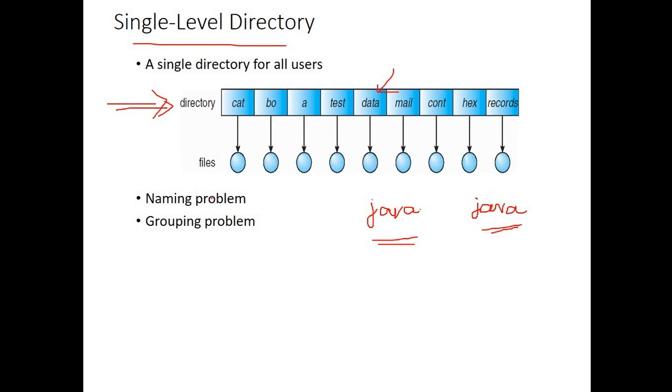Therefore, this naming problem will occur in the single level directory. If I am creating Java 1 and the other user is creating Java 2, then it is not a problem. But if you want to give the same name, then it will become a problem. So if naming conventions are creating problems, then grouping of the files under different directories will be a complex task.